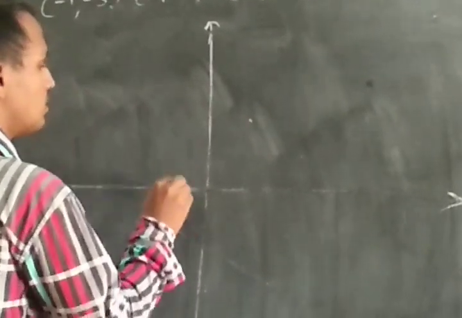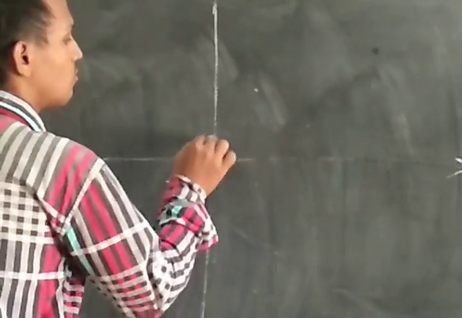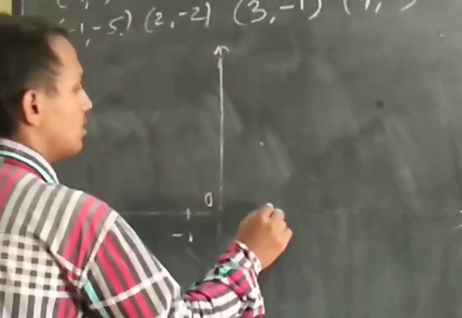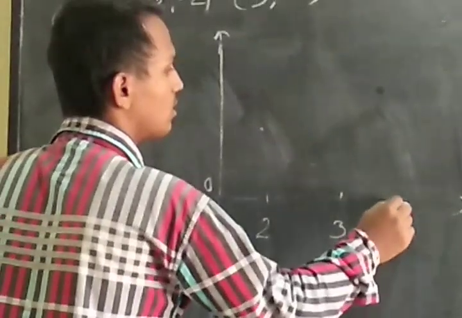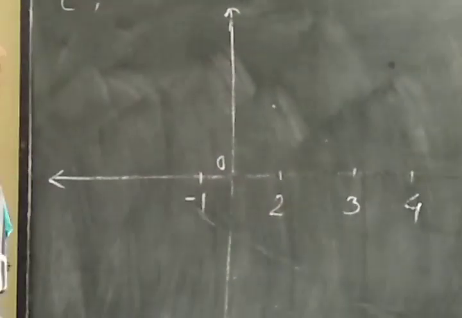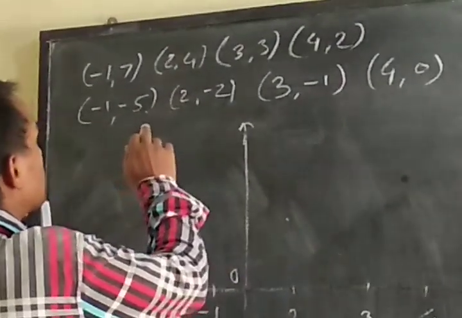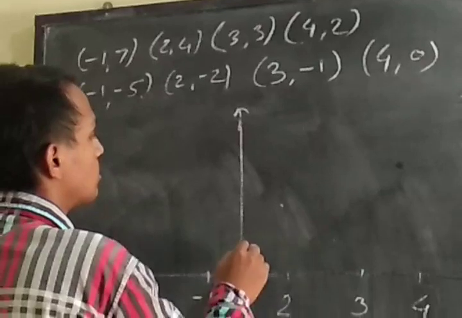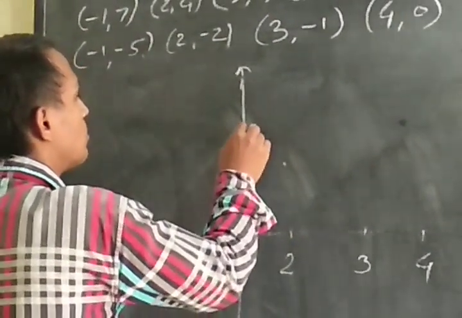This is minus 1, this is 0 or origin O, then 1, 2, 3, 4. By plotting these points, the y coordinates are 7, 4, 3, 2.